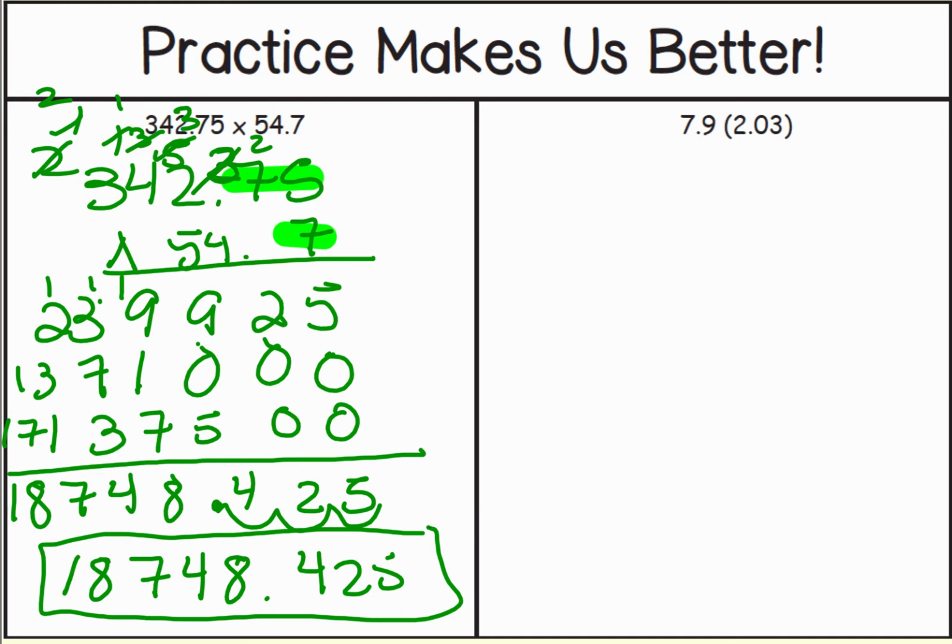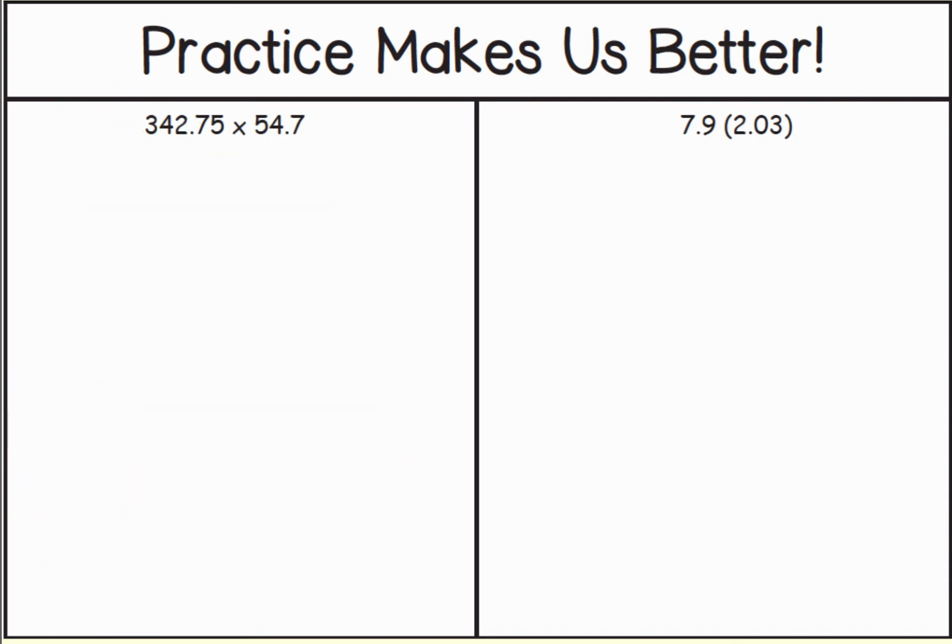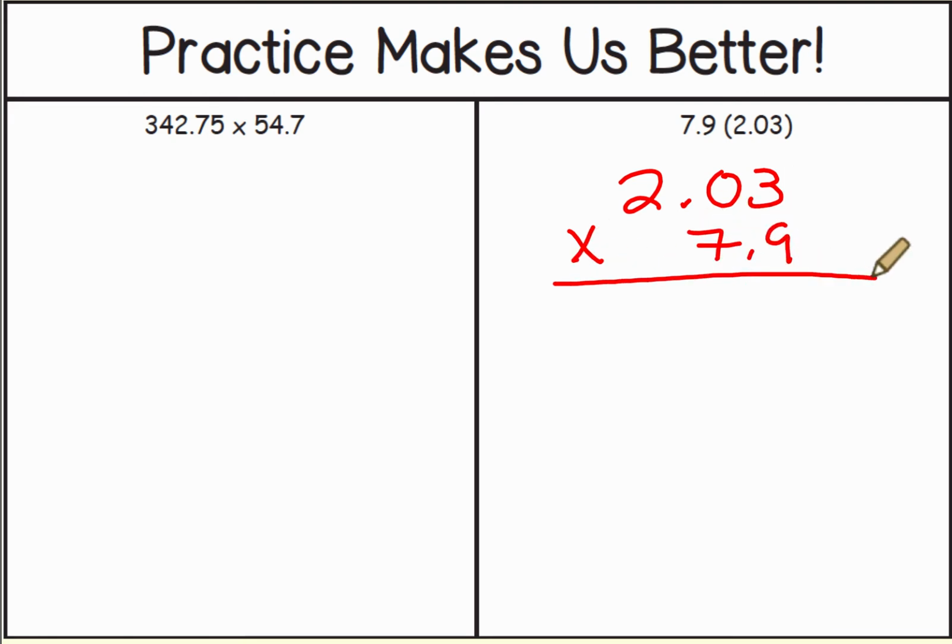Okay, so pause it again and see how you did. First I want you to note that because multiplication is commutative, I changed the order so that I had the most digits up at the top and the least digits at the bottom.